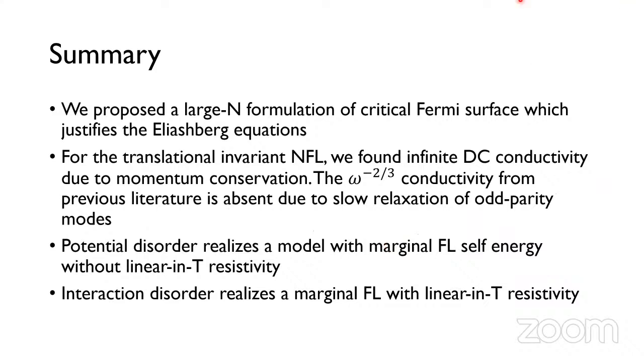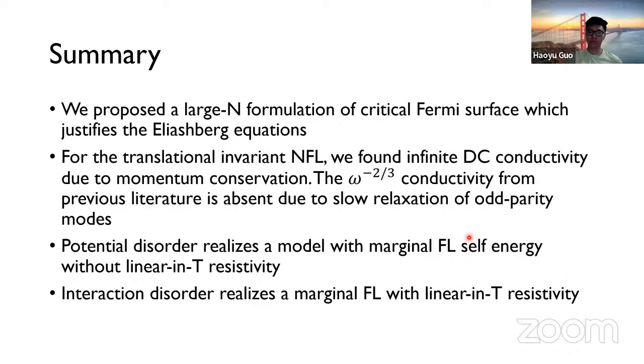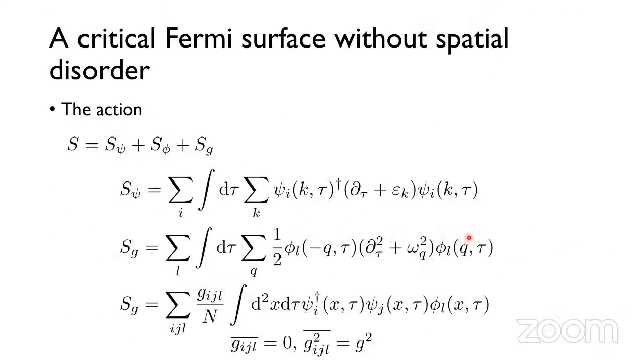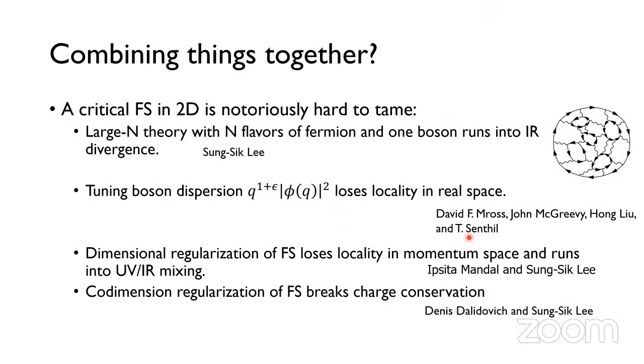Could I ask maybe a general question? You mentioned that a critical Fermi surface in 2 dimensions is really hard. If you go to higher dimensions, like 3 dimensions, are the results more well understood? And if so, does your model reduce down to these other results if you take these large N random models and also go to 3 or 4 dimensions?